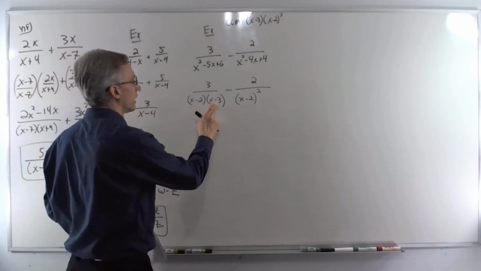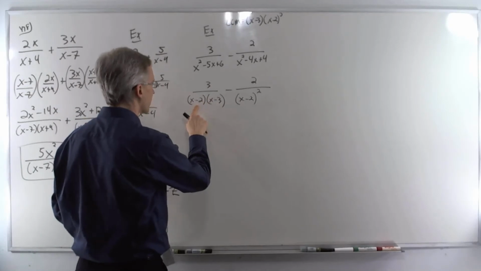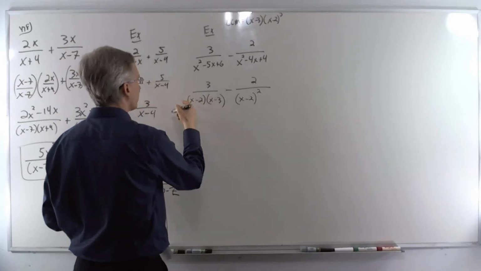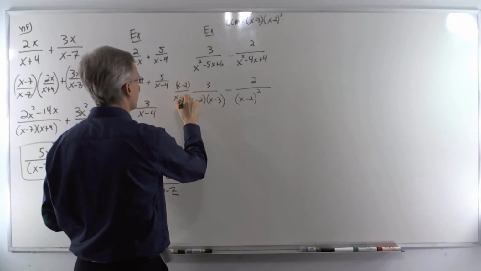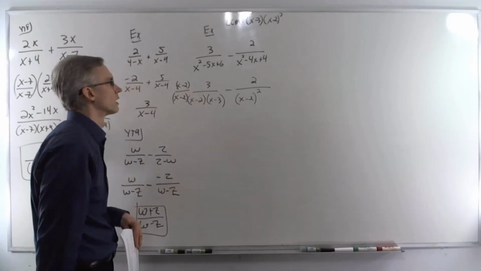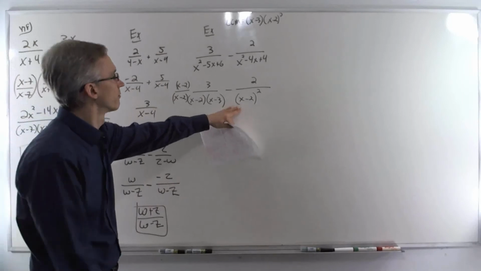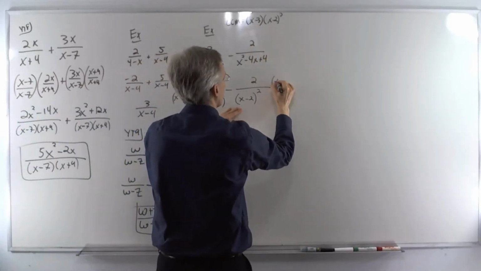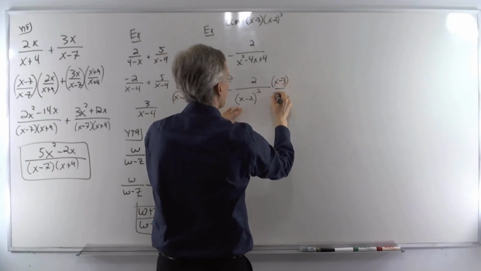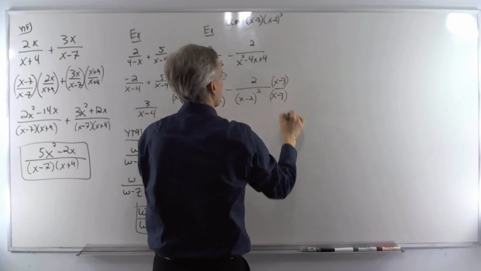Well, over here, we have the x minus 3, but we only have 1 x minus 2. So we have to multiply this fraction by x minus 2 over x minus 2. And over here, we have both x minus 2's, but we need an x minus 3. So multiply this side by x minus 3 over x minus 3.